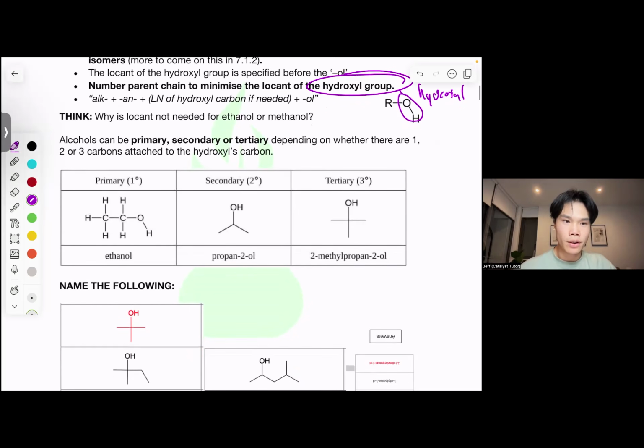Primary, secondary, and tertiary alcohols, the rule is how many carbons are attached to the carbon attached to the hydroxyl. It is not how many carbons attached to the oxygen. That doesn't make sense. There's always only going to be one. It's how many carbons are attached to the carbon attached to the oxygen. So it's 1 for primary, 2 for secondary, 3 for tertiary.